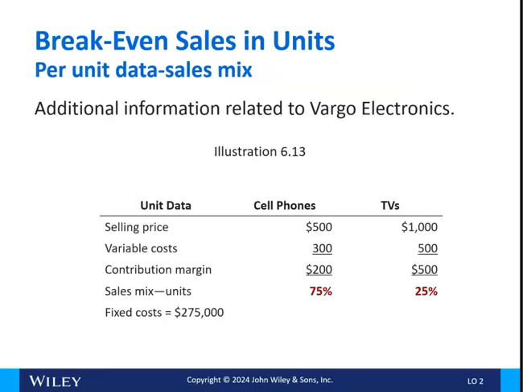Now we have some additional information related to the TVs. Cell phones we already knew, $500 selling price, $300 variable cost, $200 contribution margin. TVs, $1,000 selling price, $500 is our variable cost, so $500 contribution margin. Sales mix that we just calculated, 75% cell phone, 25% TVs. And now our fixed costs are $275,000.